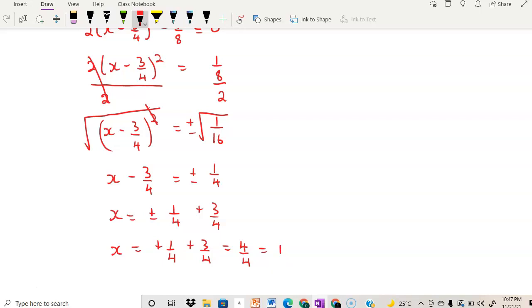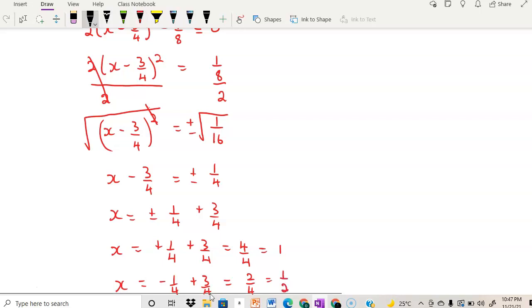Let's go ahead and get the other one. X is equal to negative 1 over 4 plus 3 over 4. And that is equal to 2 over 4, which is equal to 1 over 2.